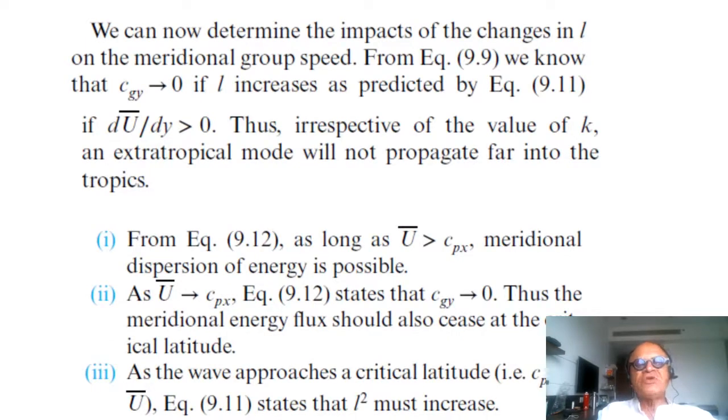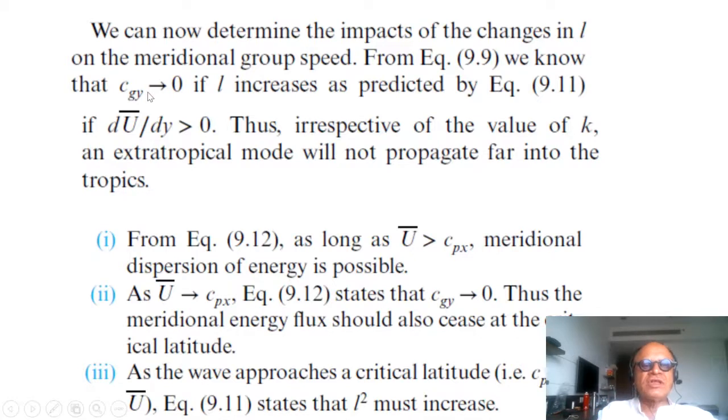So essentially we can determine the impacts of changes in the meridional wave number on the meridional group speed. So we are interested in energy propagation, and we are looking at the wave's interaction with the basic state, which modifies L, which modifies group speed. So that's what we are looking for.